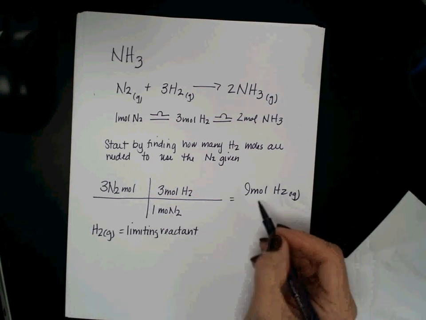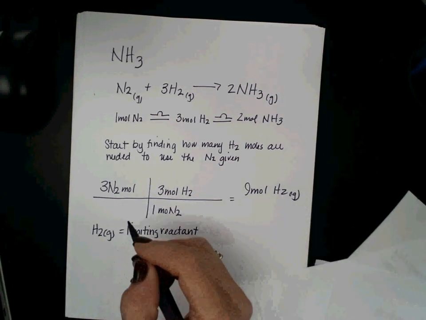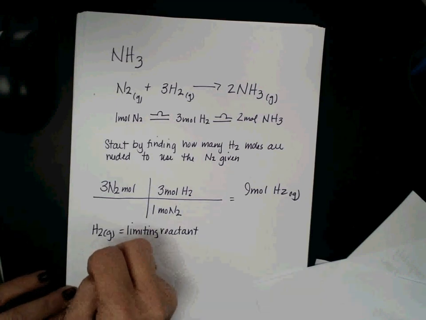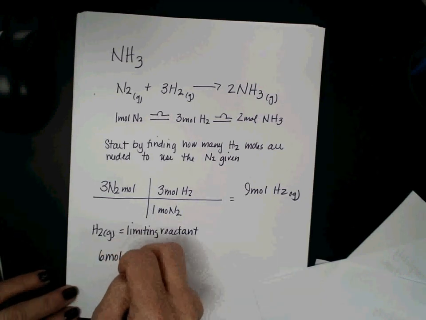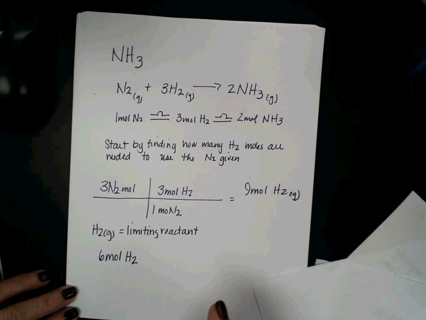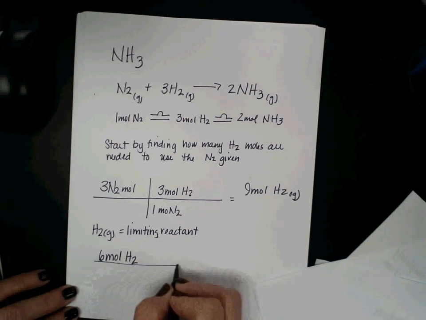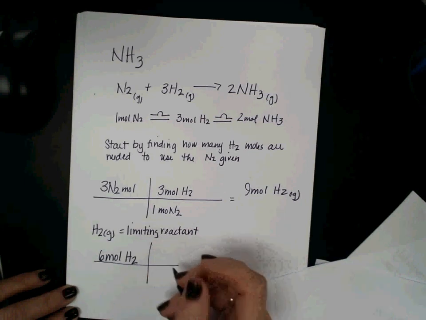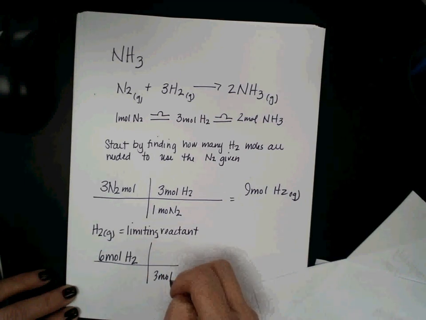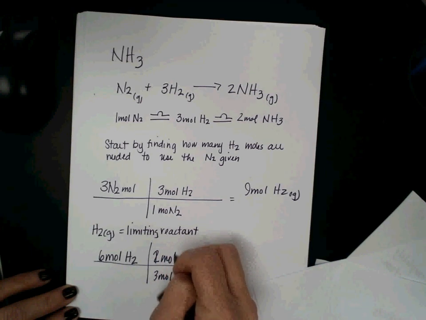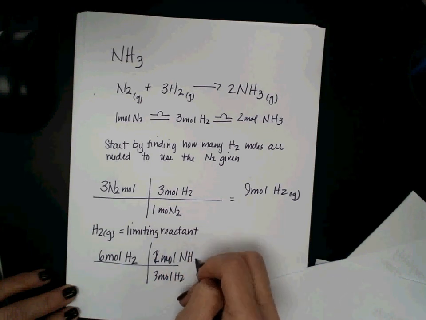I know to make the full reaction I need 9, but I only have 6. So I want to use that 6 to figure out how many moles of ammonia I'm going to be able to make. So I'm going to use my 6 mole of H2 because I know it's my limiting factor. And I'm going to do my stoichiometric equivalency, and for every 3 mole H2 I get 2 mole NH3.